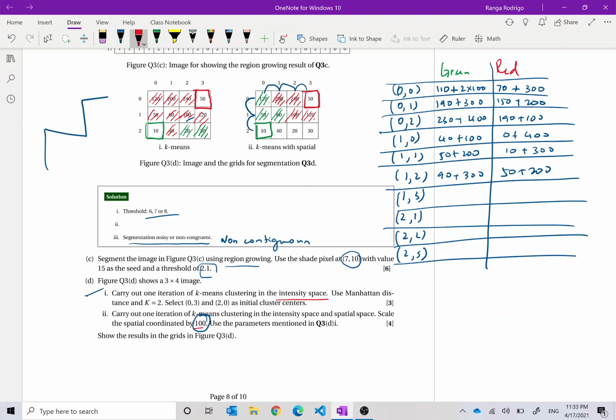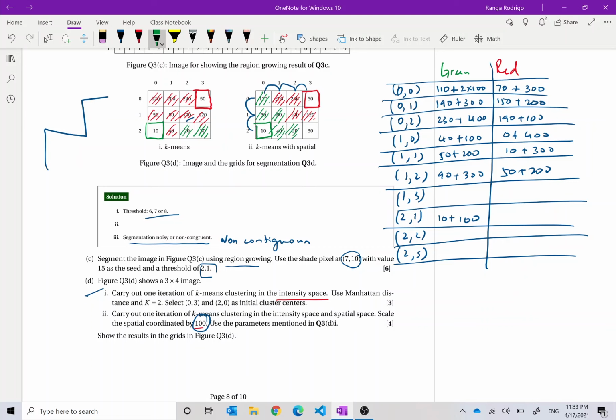This will also be red. So let's take the pixel 2,1. 10 plus 100. So you don't have to worry about this number, you can directly write it as green.